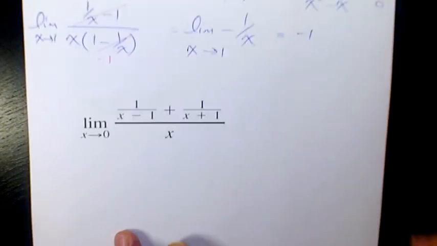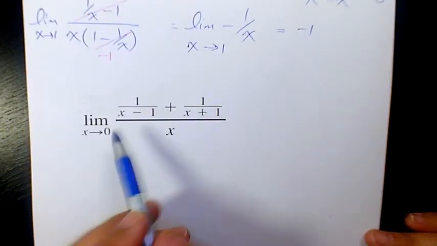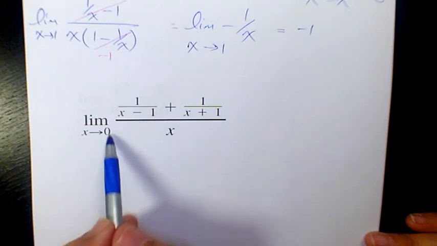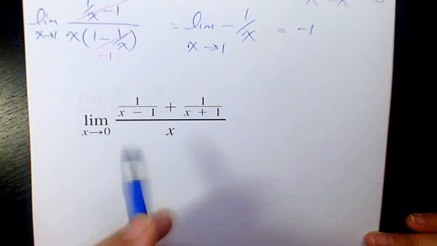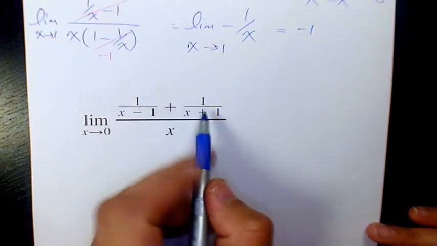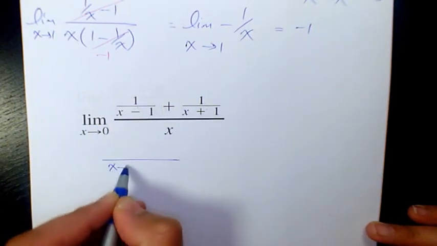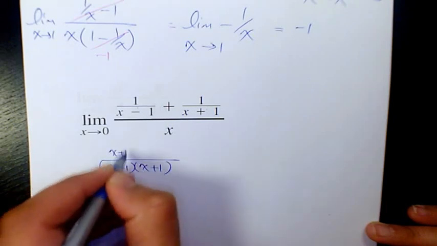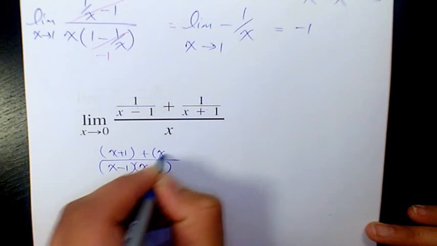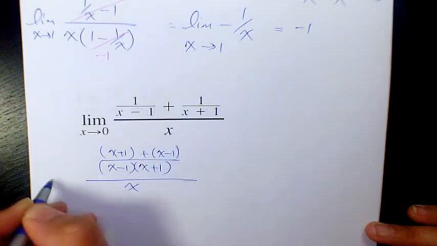Next example. When you sub it there, it's going to be negative 1 plus 1, 0. 0 divided by 0. It's undefined. So let's take the numerator, common denominator, x plus 1 plus x minus 1 divided by x.